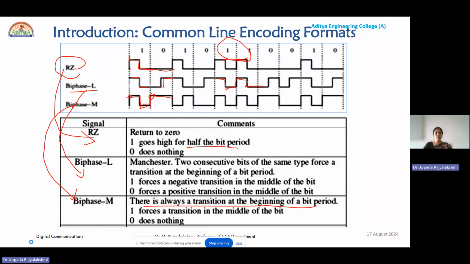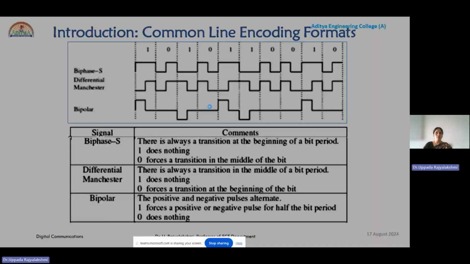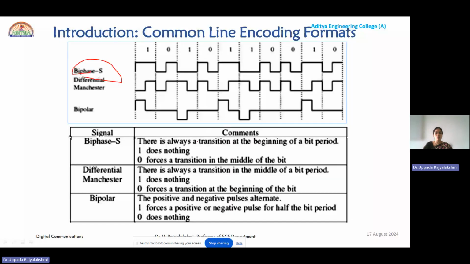And the next is biphase space. In this biphase space, there is always a transition at the beginning of the bit period, similar to biphase mark. Here for 1, you can see there is no change in the middle. For 0, you will have a transition, which may be low to high or high to low, in the middle.